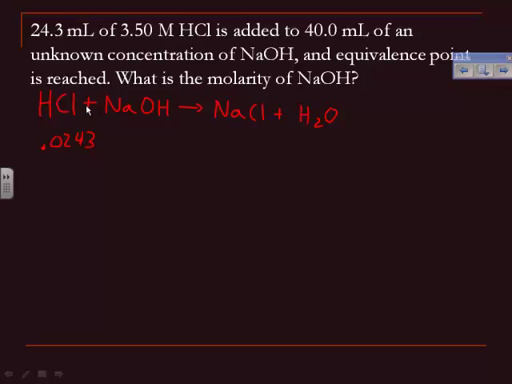0.0243 liters times 3.50 molarity to get us the moles of HCl, which in this case comes out to 0.08505.